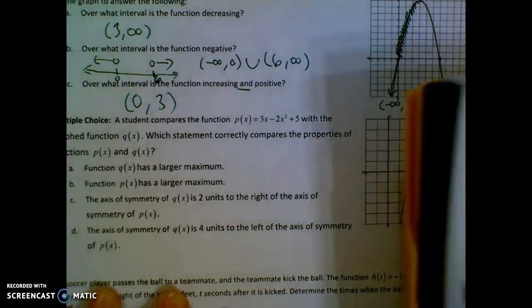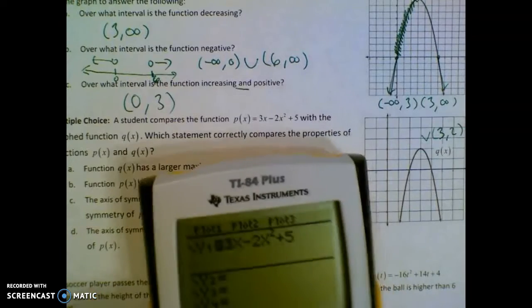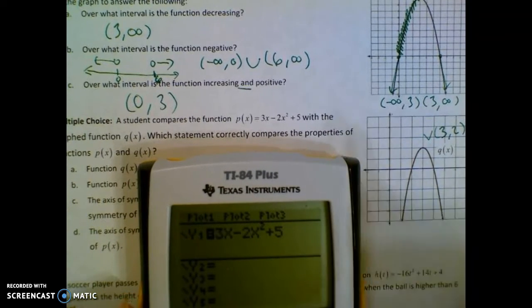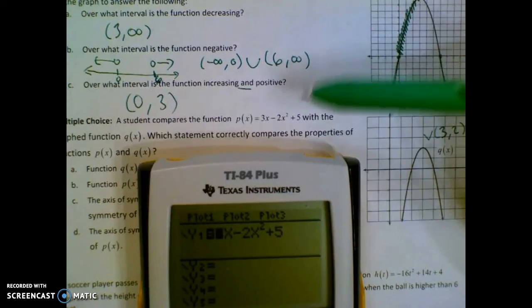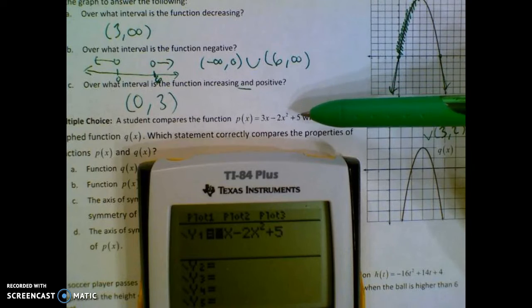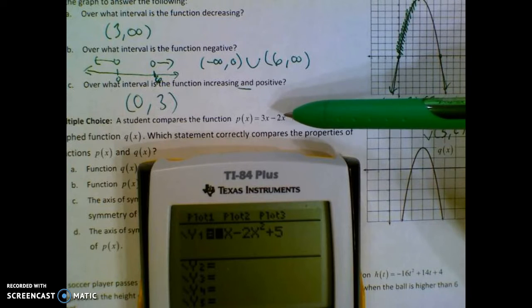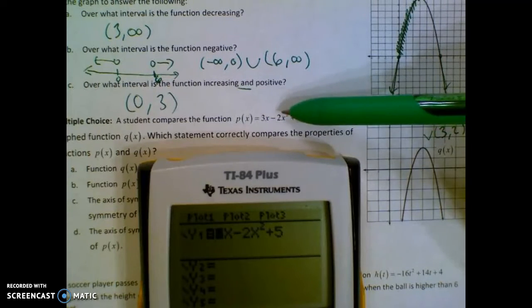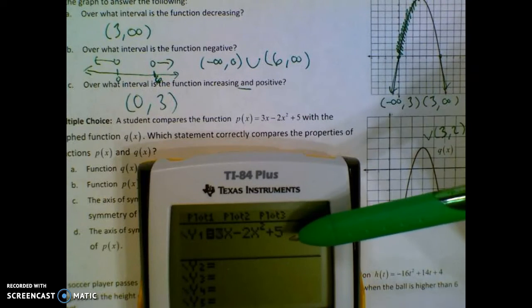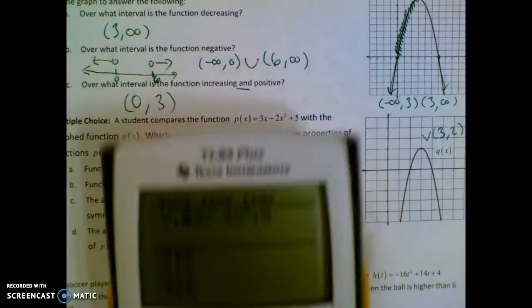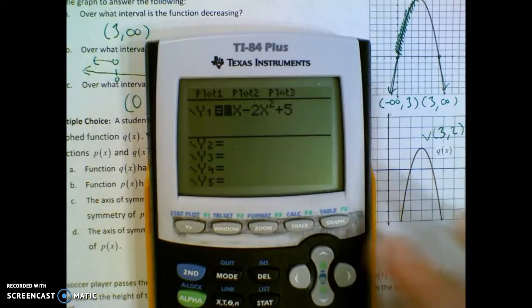Then I'm going to find the vertex of negative 3x minus 2x squared plus 5. Also note that this is not in standard form. On the key, when I was doing the math by hand, I did negative b over 2a to find the vertex, so I would make sure I wrote that in standard form. But because I'm plugging it into the calculator, just plug it in as it appears. I'm going to graph it.